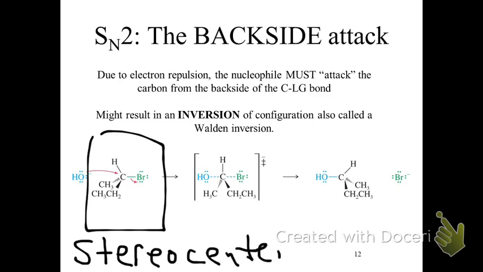Has a stereocenter, right? That carbon. It's a chiral carbon, a stereocenter, which means we're looking at stereochemistry. In the SN2 reaction, what we'll end up seeing is something referred to as inversion of stereochemistry.